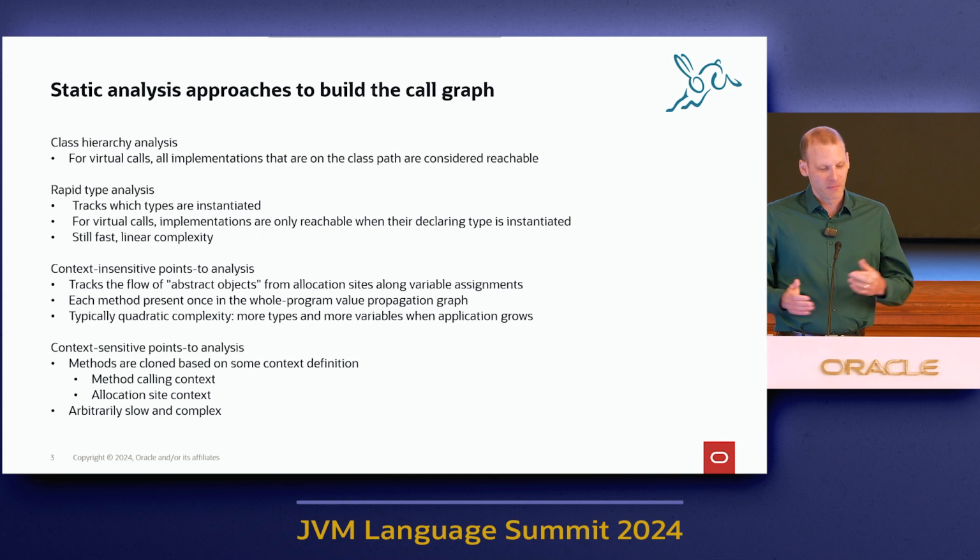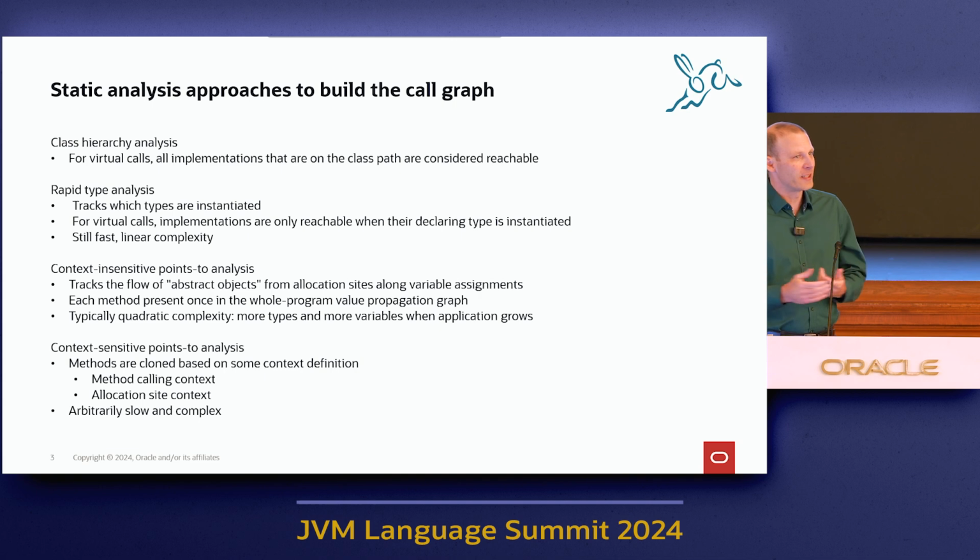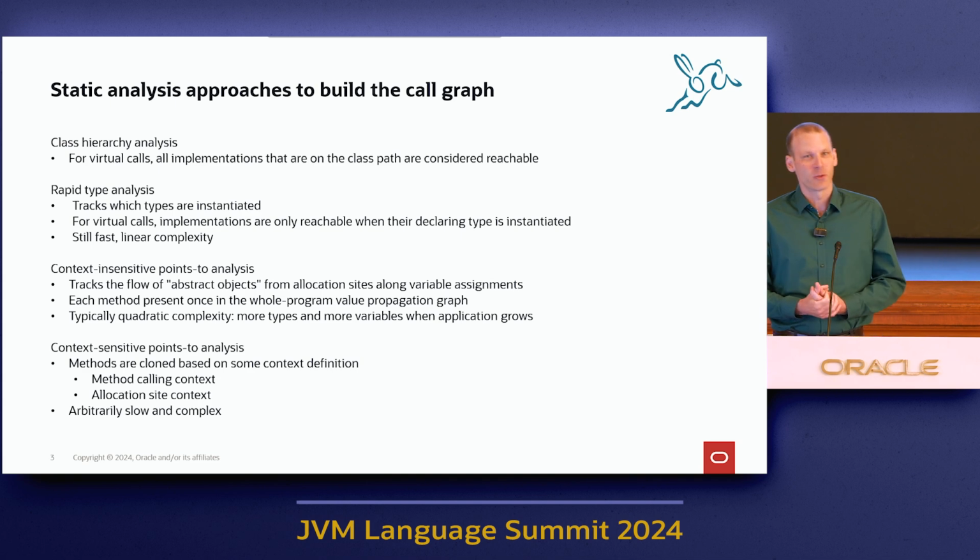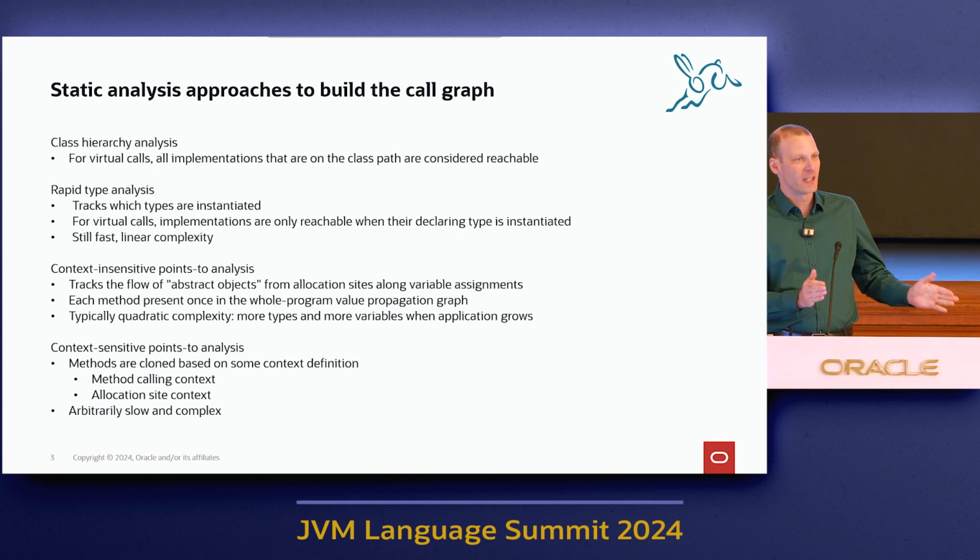In the easiest case, points-to analysis is context insensitive, which basically means you look at every method exactly once. And then you can make that more precise by going towards context-sensitive analysis, where you can clone a method as often as you want. For example, when you have a call site context, you clone each method for a 2 or 3 level deep context.